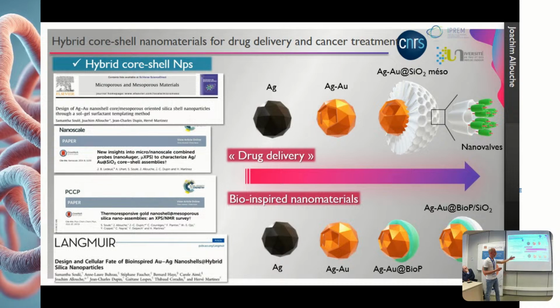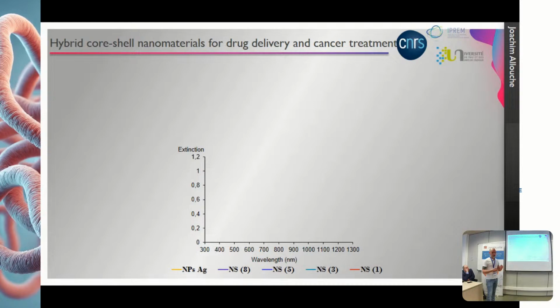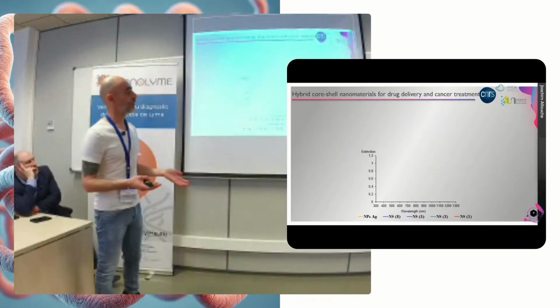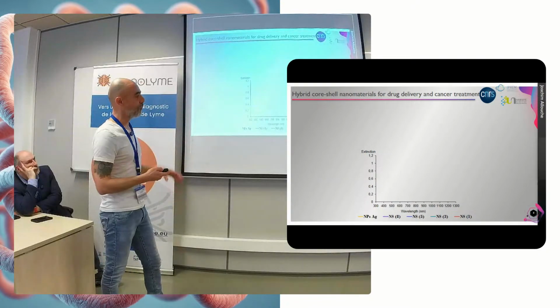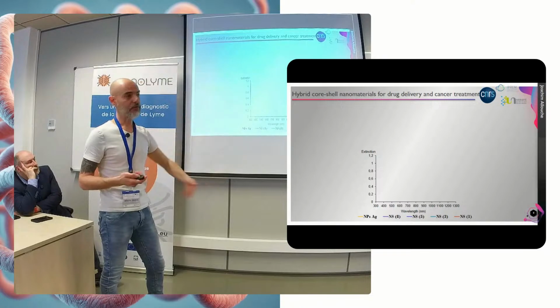Another type of material has more or less the same structure, but here we are using in the shell a hybrid shell made of biopolymers and after that a silica shell around this biopolymer. To develop these nanoparticles, we first had to develop the core, the metallic core. So we wanted to follow all the process of the elaboration.